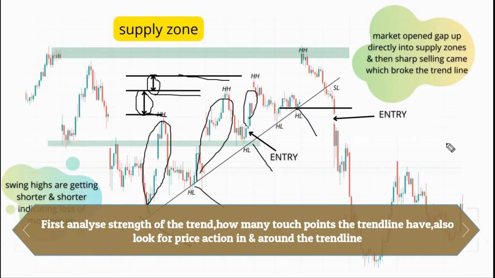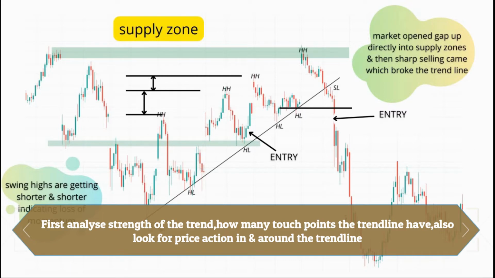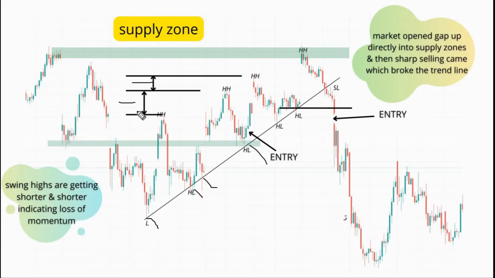Okay, and also the trend line is getting tested multiple times, so it is also becoming weak, and also we see a decrease in the length of the swing highs, which is also an indication that prices are decelerating. Okay, and then we saw a gap up.